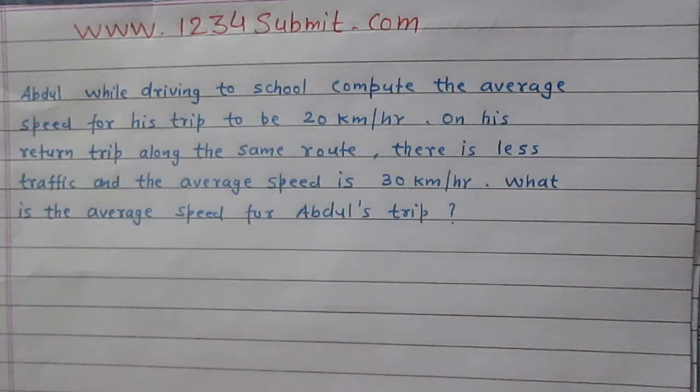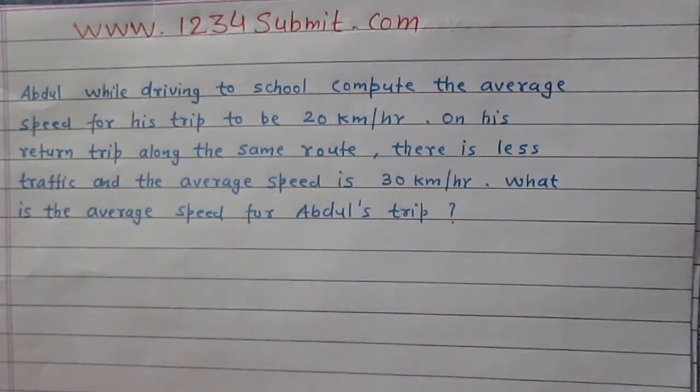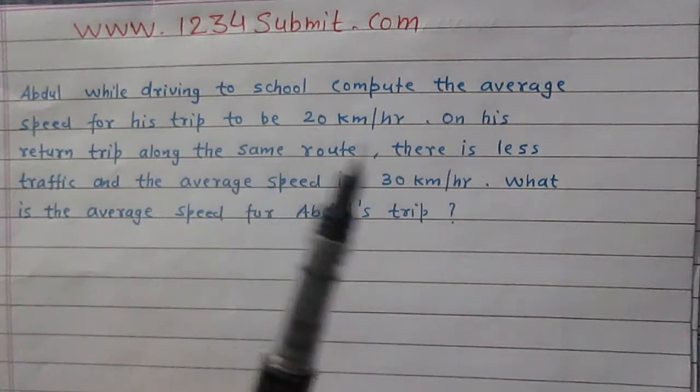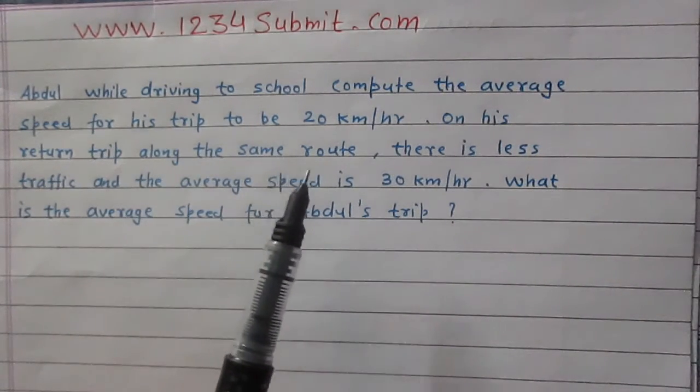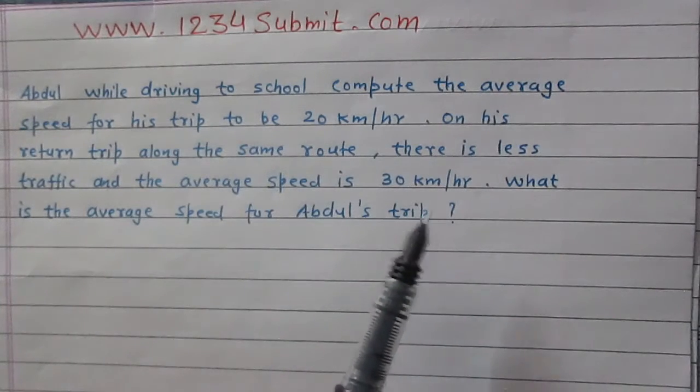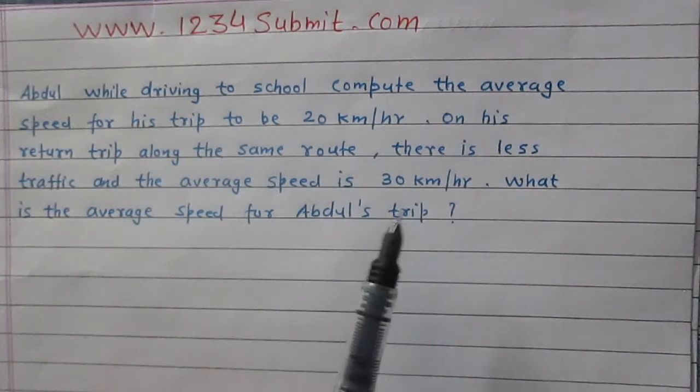In this question, we are given that Abdul, while driving to school, computes the average speed for his trip to be 20 km per hour. And on his return trip along the same route, there is less traffic, so the average speed is 30 km per hour.